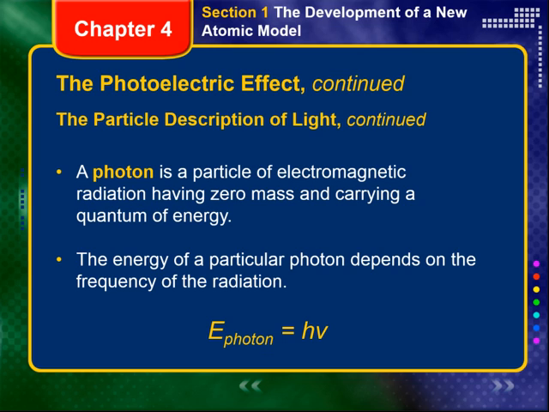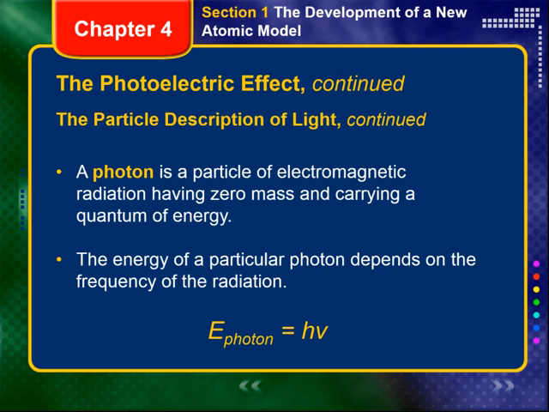A photon is a particle of electromagnetic radiation having zero rest mass and carrying a quantum of energy. The energy of a particular photon depends on the frequency of radiation, as per Planck's equation. So the energy of a photon is equal to h multiplied by the frequency of that photon.